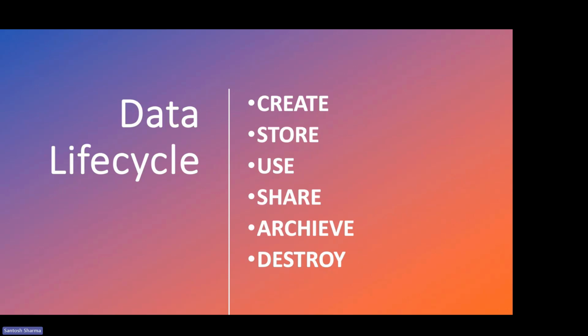Okay. So what we do in the use phase, we apply controls like DLP. That is also in use and share. Data leak prevention, or data loss prevention. And then comes the share. If you have to share with somebody, DLP prevents you from sharing with unauthorized users.